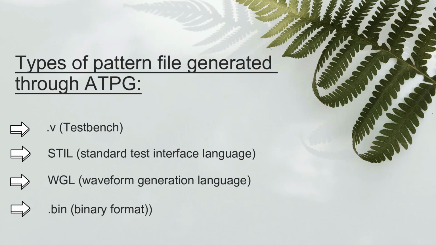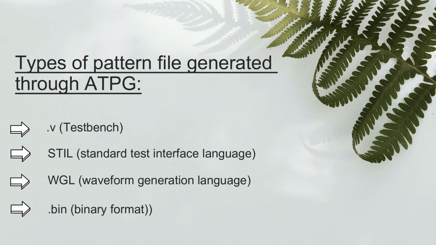Types of pattern files generated by ATPG. First is .v file, also called a test bench. After ATPG process is completed, we simulate these patterns to check their validity using a simulation tool. Second is STIL file. This format is sent to ATE for testing the physical manufactured chip. Third format is Wiggle file.